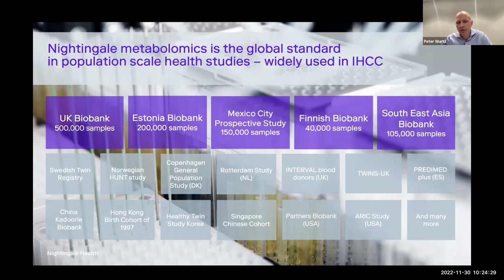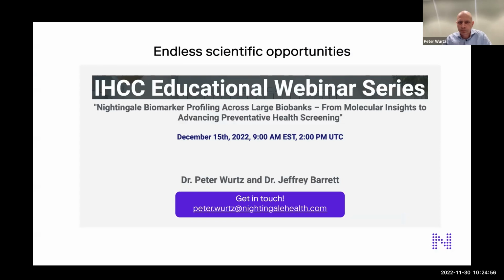The results from the different cohorts replicate quite nicely, and we heard yesterday Hakan and co-workers telling about successful pilots in the IHCC consortium. By profiling many cohorts and replicating and validating results, we can use this consortium to really push the limits of precision medicine and move beyond biomarker discovery to improved prevention.